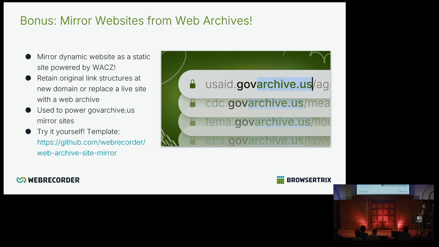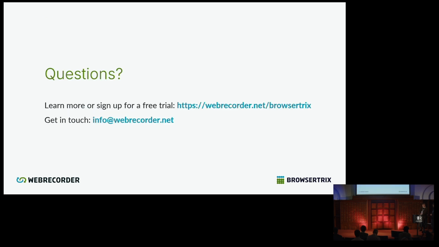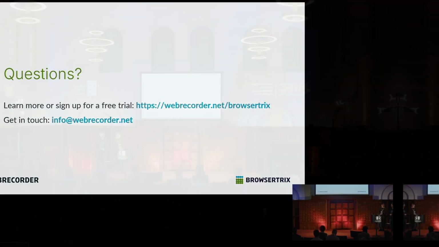The idea being, if you have something like a DH project, a site that can no longer be maintained, but you want to retain the link structure and not redirect someone to a web archive, you could actually replace it in place with a web archive without having to change the site at all. So there's a link to check that out if you like. And yeah, I think some time for questions. Thank you.